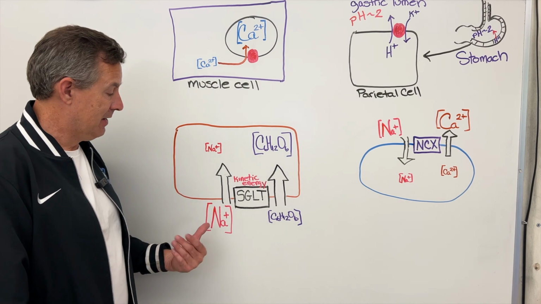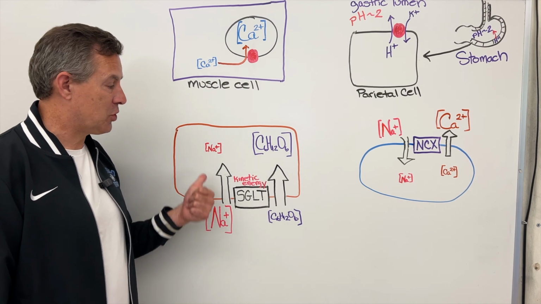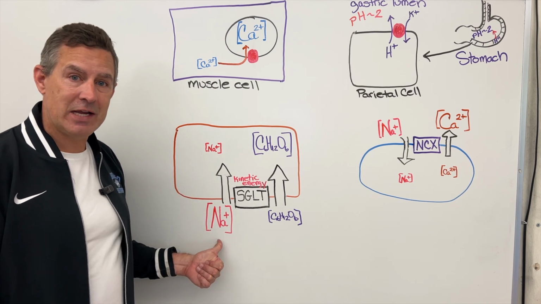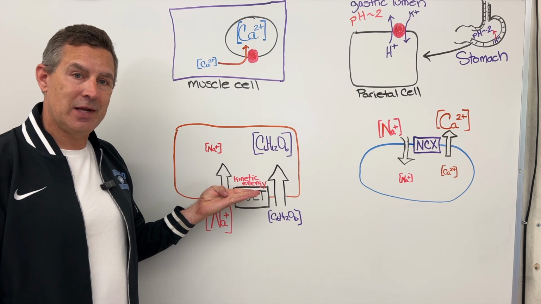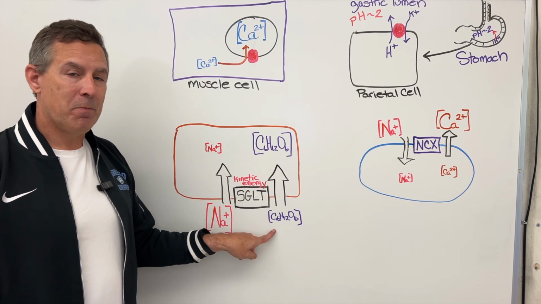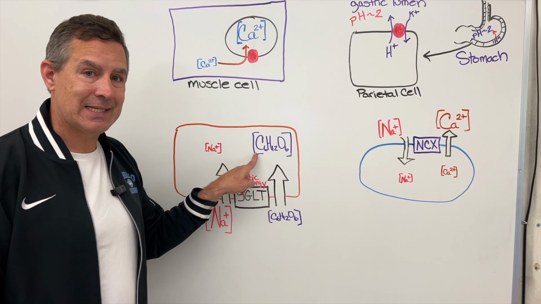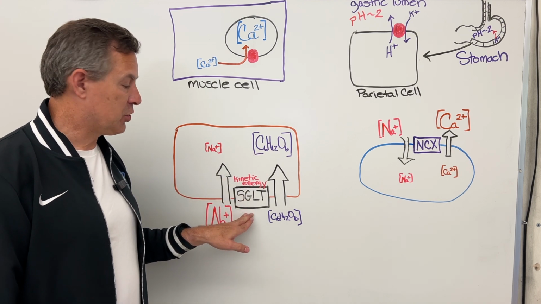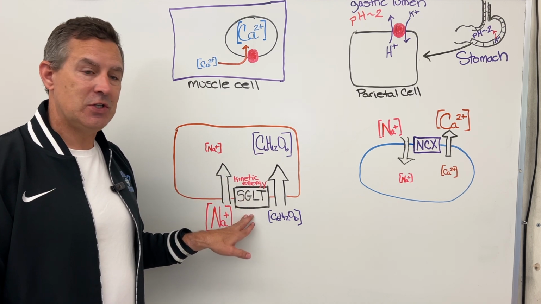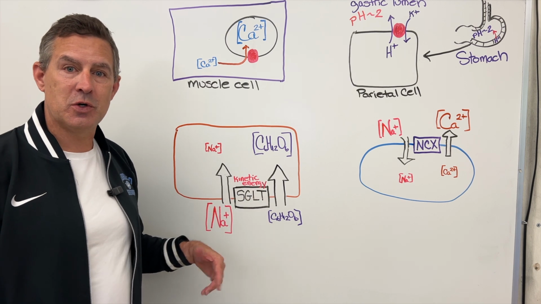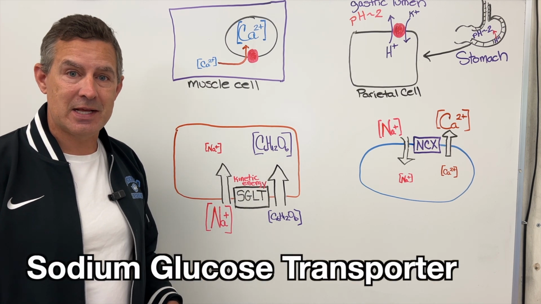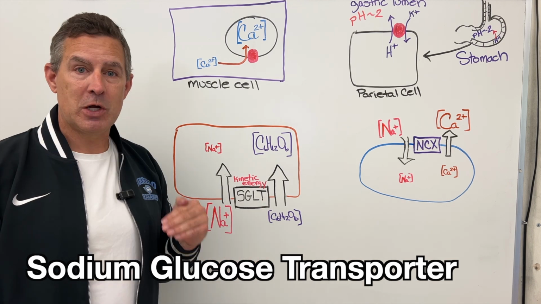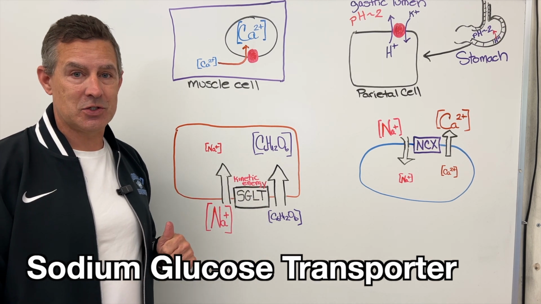That is to say, sodium moving down its gradients from an area of high concentration to an area of low concentration is going to create this kinetic energy to pump glucose against its gradient. This transporter is known as the SGLT, which stands for sodium glucose transporter, that utilizes kinetic energy to pump glucose into the cell against its gradient.